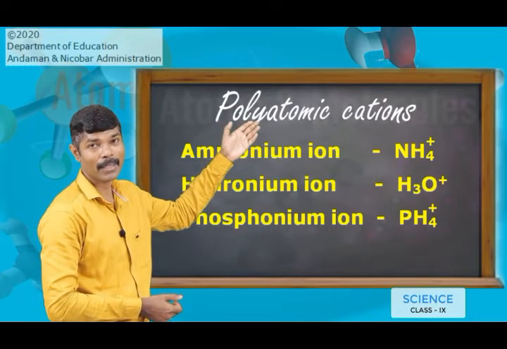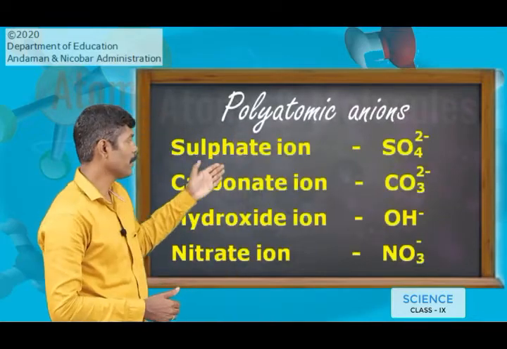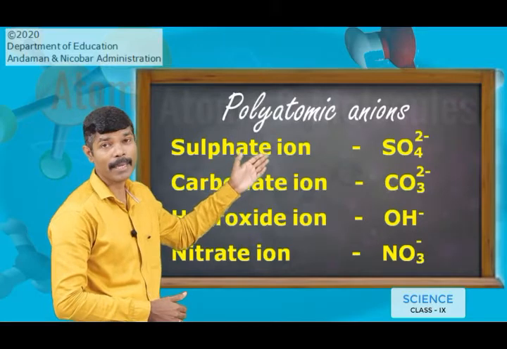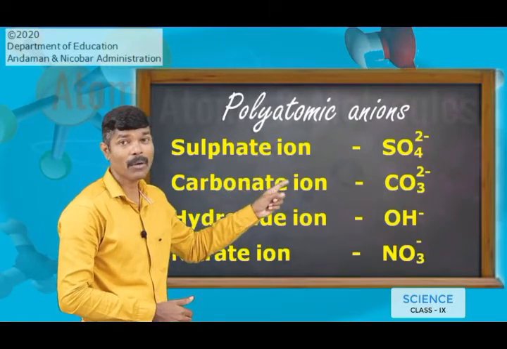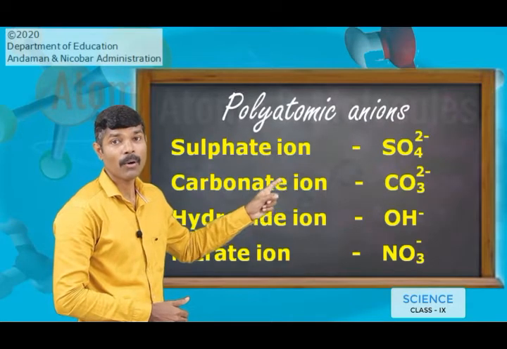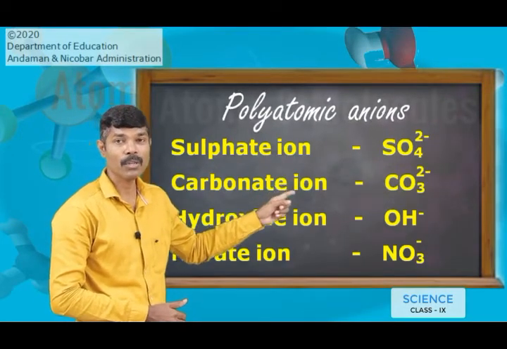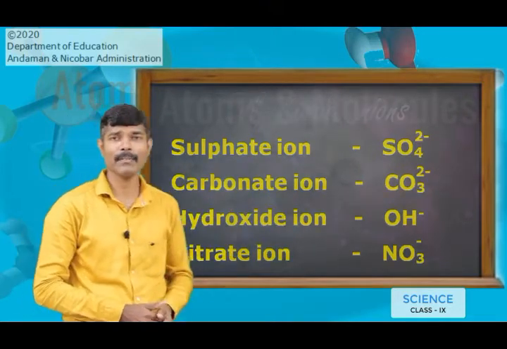Ammonium ion is an example of a polyatomic cation. For polyatomic anions, sulfate SO4 2 minus is a polyatomic anion. Hydroxyl ion OH minus also has 2 atoms, so this is also a polyatomic ion. Various other examples are given here.